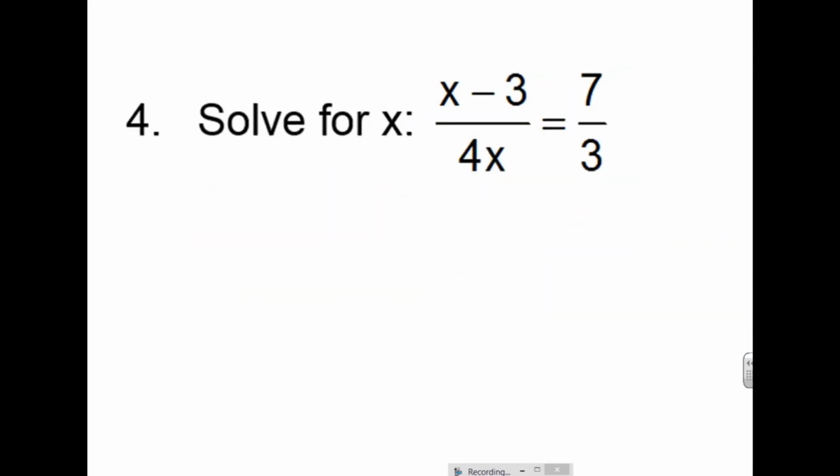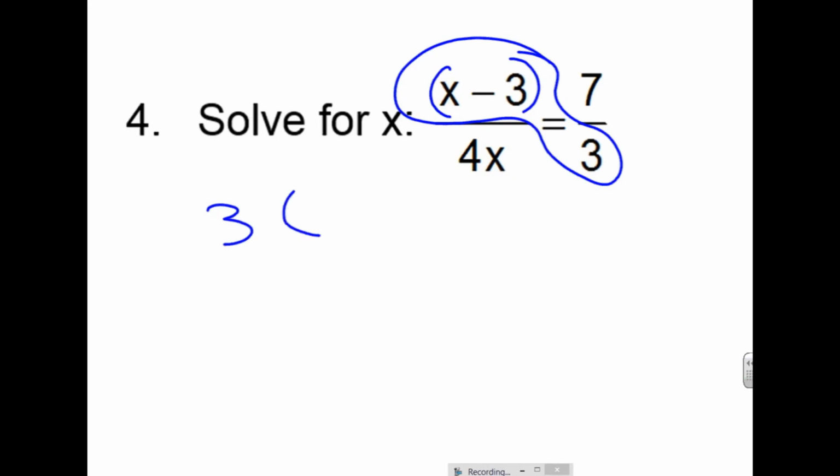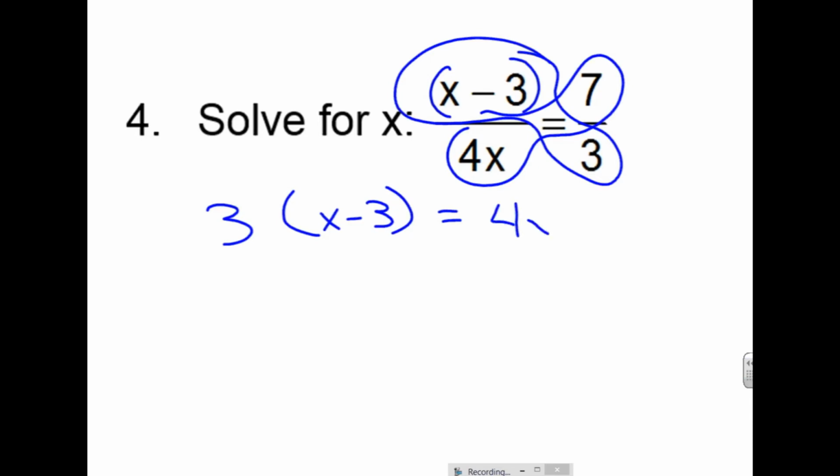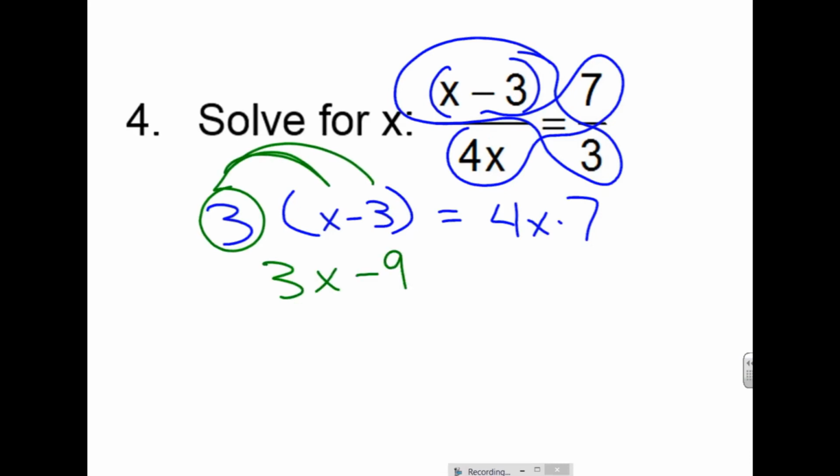Problem number 4 also has a 2-term expression. We're going to put parentheses around it because that reminds me that I'm going to need to distribute when I multiply that out. 4x times 7 is on the other side of the equal sign. Distribute that: 3x minus 9, and that equals 4 times 7, which is 28, and then of course they have that x to go along for the ride.